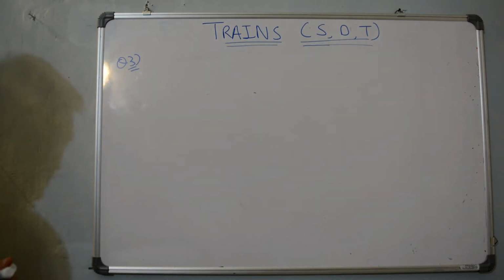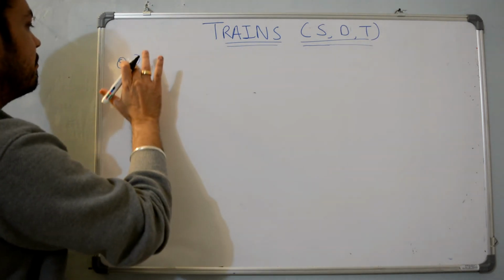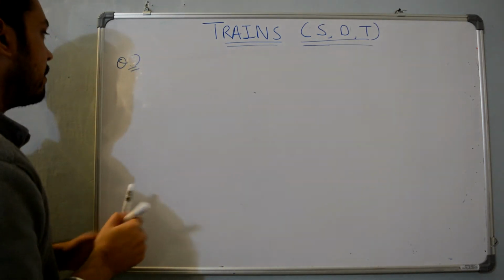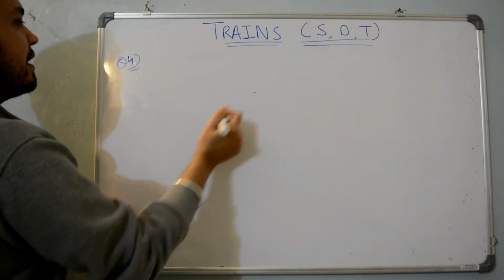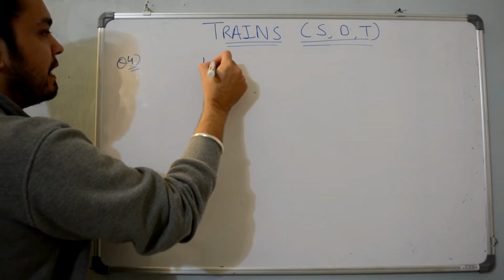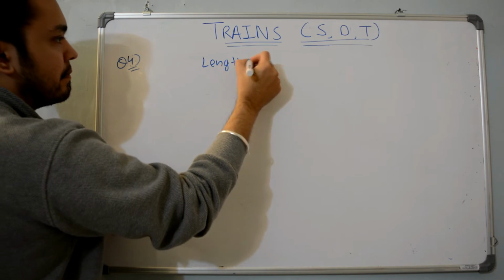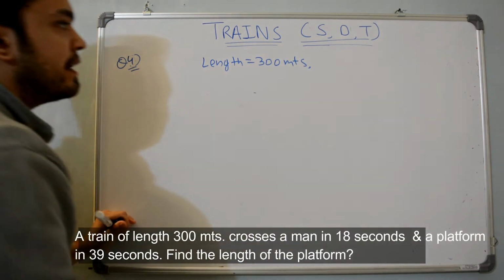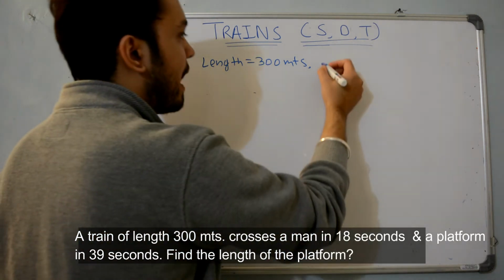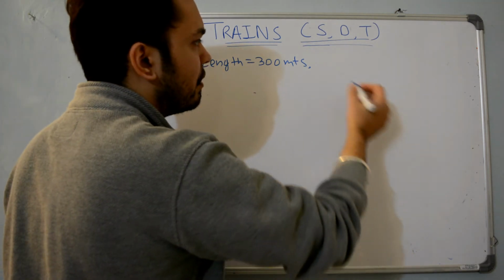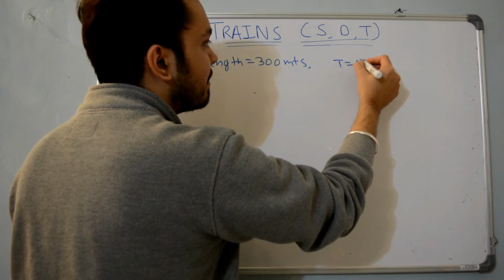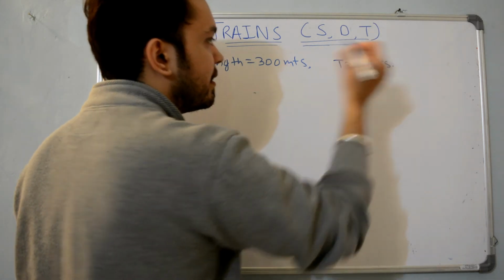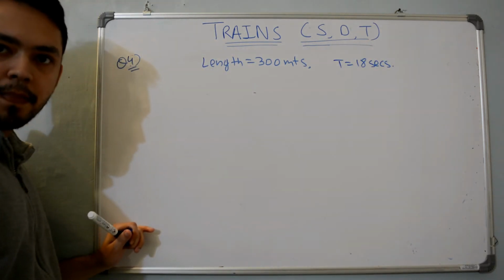Okay. Now we are given a train, question number 4. A train of length 300 meters, right? It crosses a man or a pole, let us say, in a total time of 18 seconds, right?